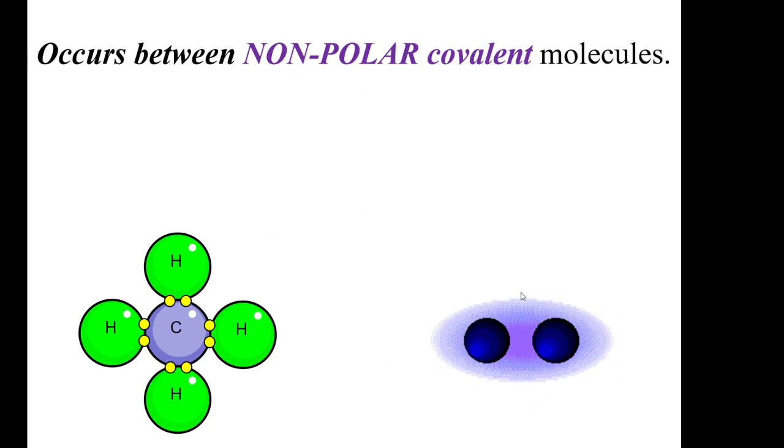You've got something like a diatomic right here, this rather annoying animation that just keeps playing. So something like Cl2, like two chlorines together, right? There's no electronegativity difference, so there's no area where you're going to have a pull of electrons to one side or the other.